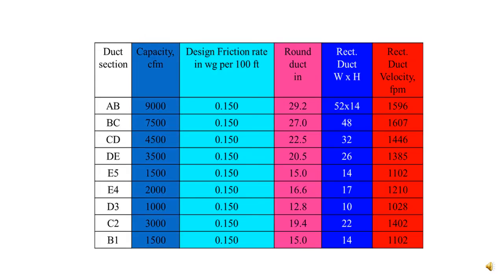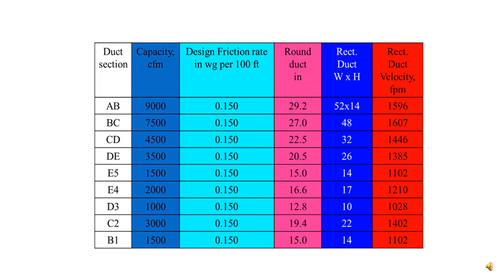And this is an example of the table for the equal friction method. In the first column on your left, you can put your duct section notation, and in the second column you can put the capacity or CFM for each section, and the design friction rate in inch water gauge per 100 feet.